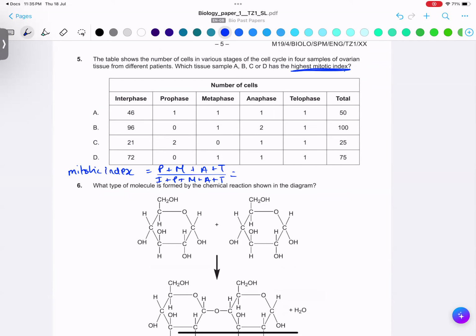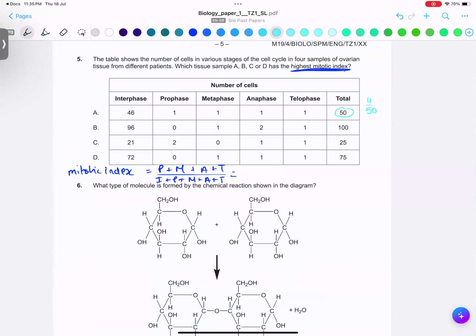So we technically have to add each one, but this is really easy. I'm just going to do it really quick in another color. So we have 1, 2, 3, 4, right? So we have 4 over 50. In this case, they even gave us the total, so we didn't have to do all the work. 4 over 50. And keep in mind, you're not allowed to use a calculator. Then here you have 1, 2, 4.